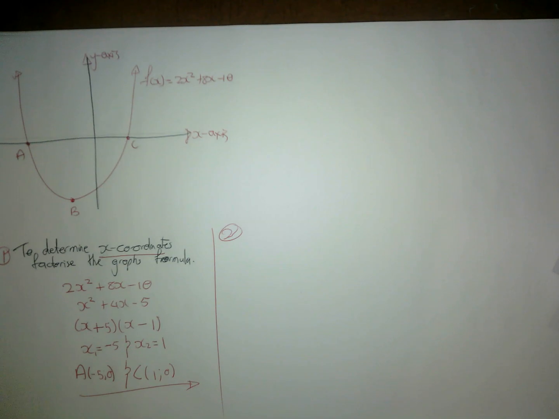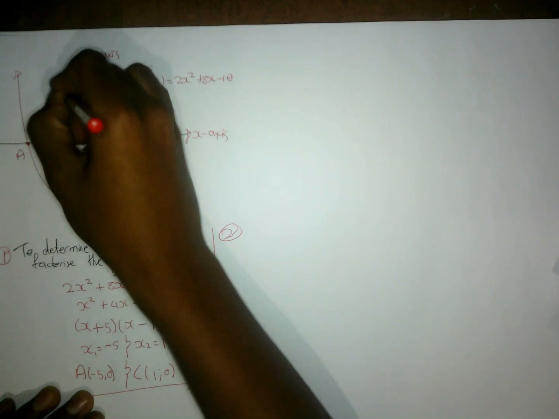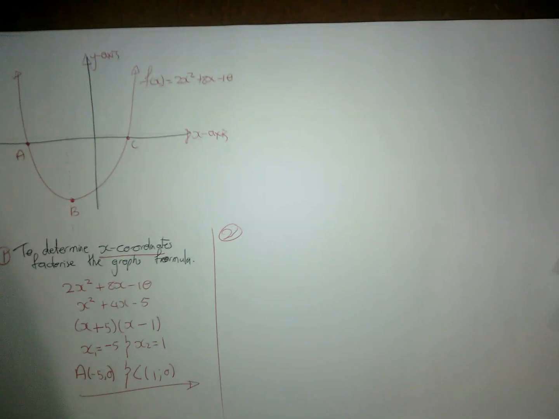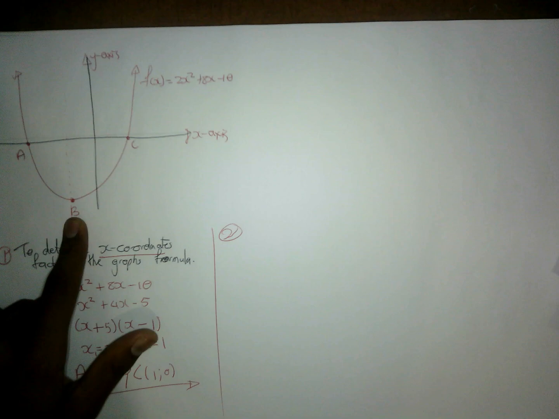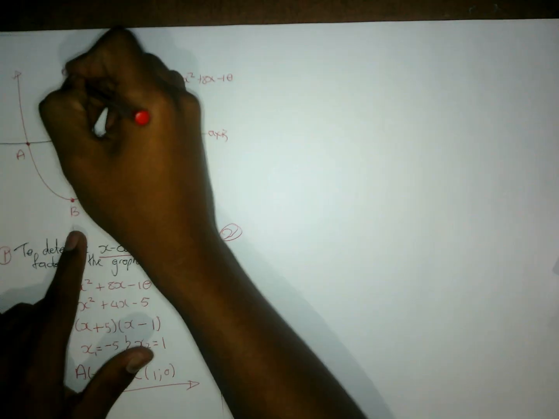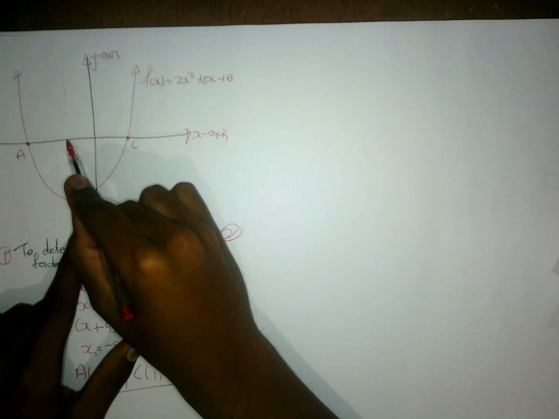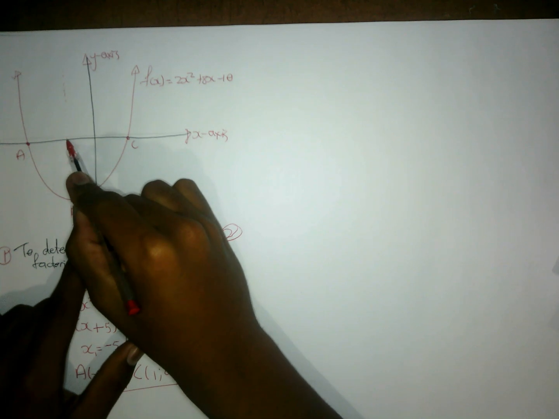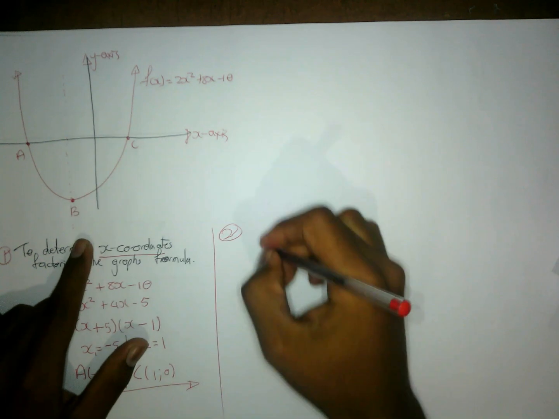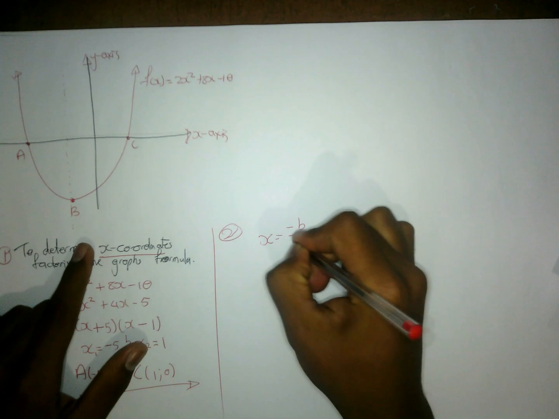So to determine the turning point, we are going to use a formula called the axis of symmetry first to get the x coordinate of this B. Because the axis of symmetry of a parabola falls on the x-axis as you can see there. So the formula for the axis of symmetry is x equals minus b over 2a.